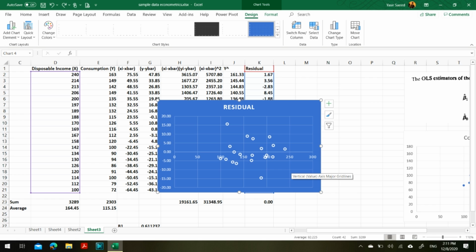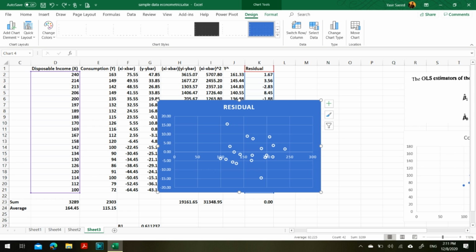Again, the residual plot is important in understanding autocorrelation. In autocorrelation, we may see that the residual term is alternating, or some of the values of the residual terms are positive, then suddenly they move on to the negative quadrant, and then again they move on to the positive quadrant. So that can give us the problems of autocorrelation.